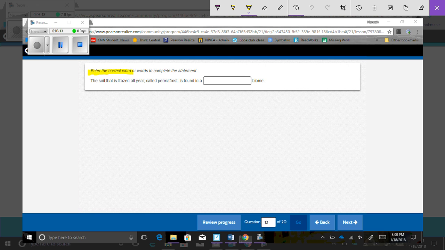Enter the correct word or words to complete the statement. The soil that is frozen all year, called permafrost, is found in a blank biome.